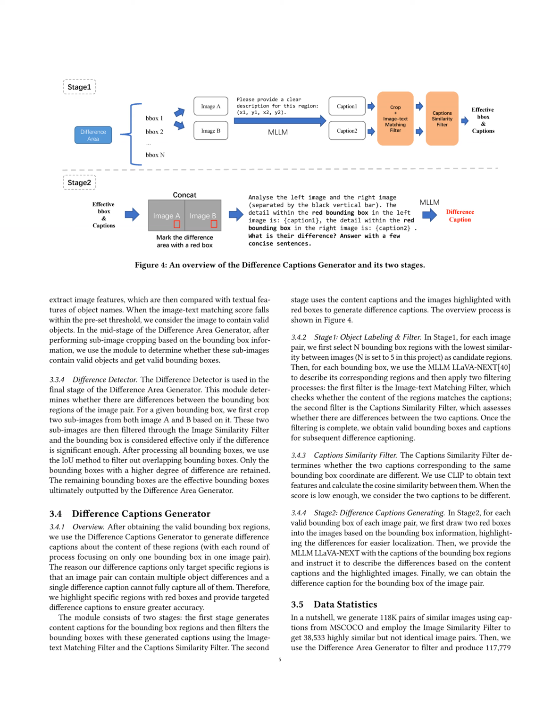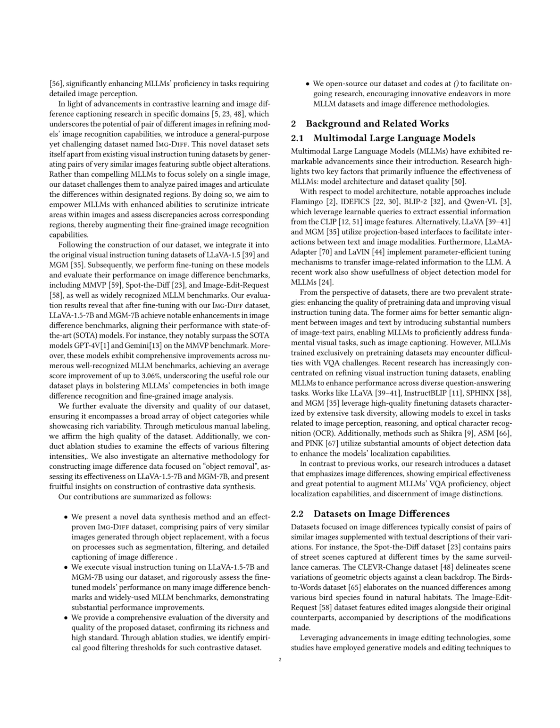In the second stage, the generator highlights the differences in the images and produces final difference captions based on the content captions and the highlighted regions. This structured approach ensures the dataset's quality and diversity, ultimately enhancing MLLMs' capabilities in recognizing and describing subtle image differences.